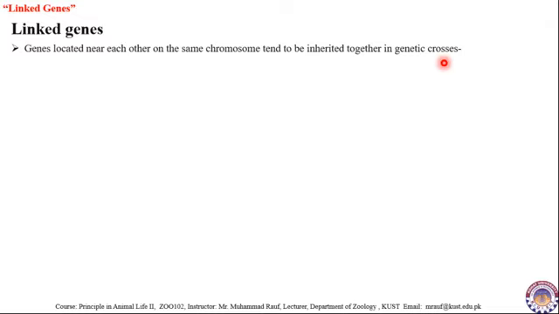Now these two genes are located very close to each other on a chromosome, so a crossover event will not separate them and they will become part of the same gamete. Such genes are said to be genetically linked and are called linked genes.